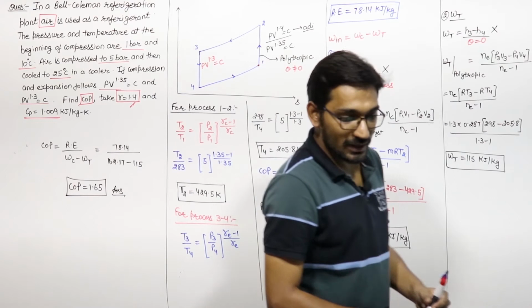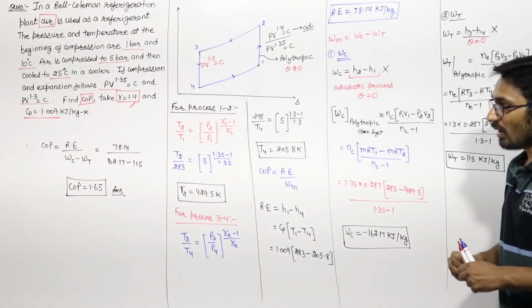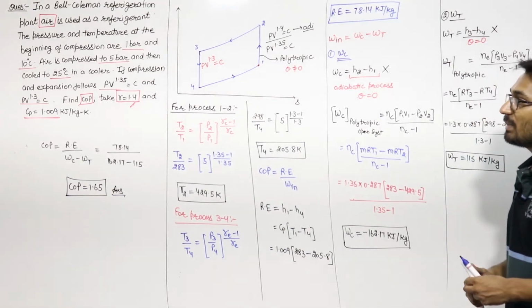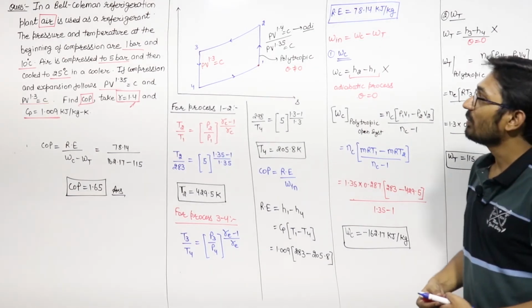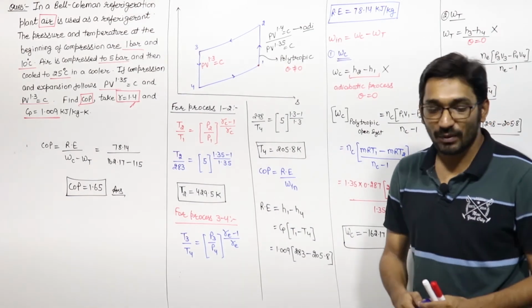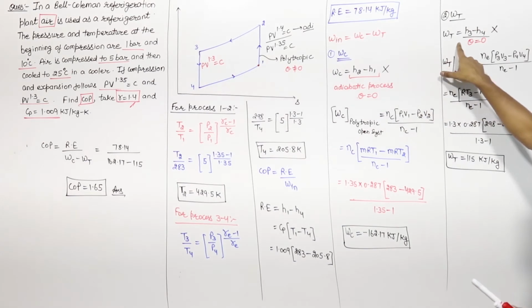Right. So in this question we understand some important concepts: if it is not given that PV raised to power gamma is constant and gamma is equal to 1.4, then processes 1 to 2 and 3 to 4 are polytropic processes, and for a polytropic process you cannot write these equations.